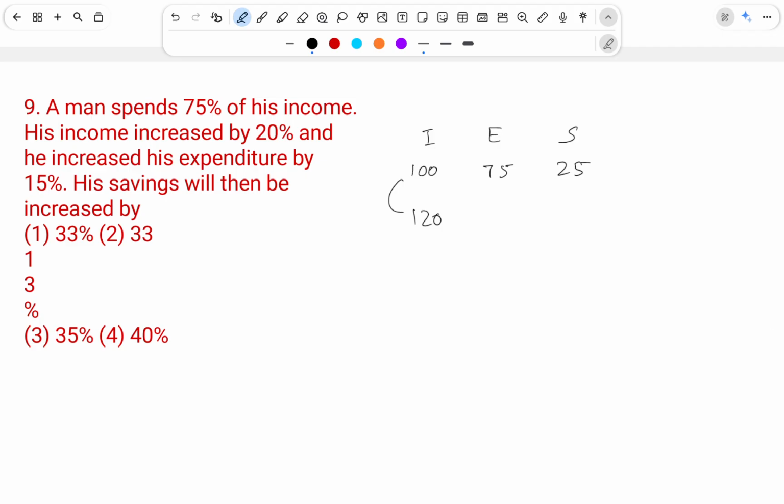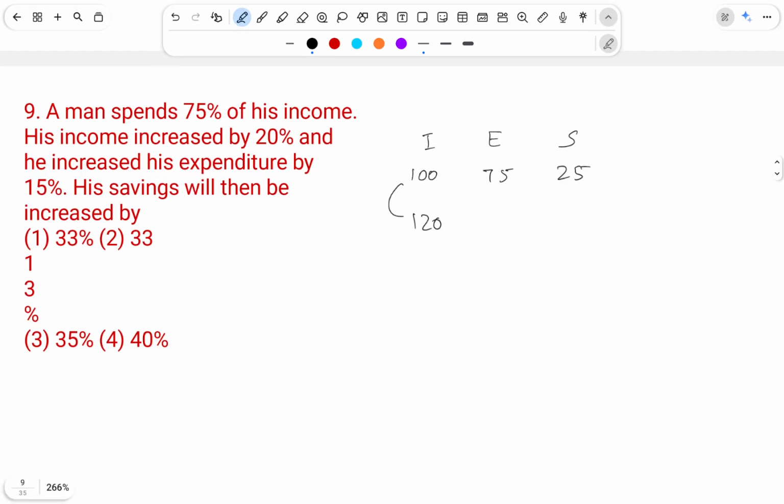Obviously if our income increases, our expenditure will also increase by 15%. 75 into 15% increase: so 115 by 100 into 75, which is 345 by 4, so 86.25.